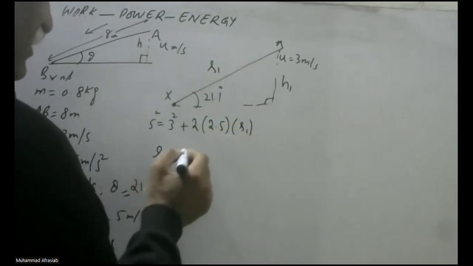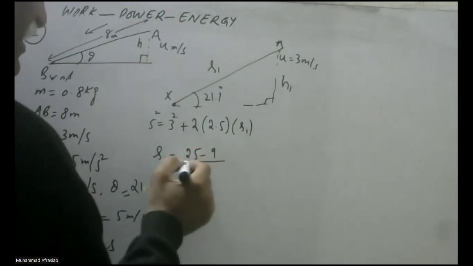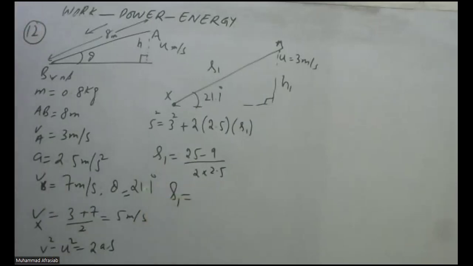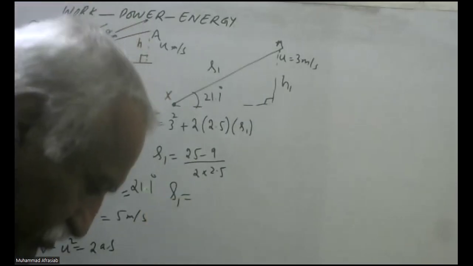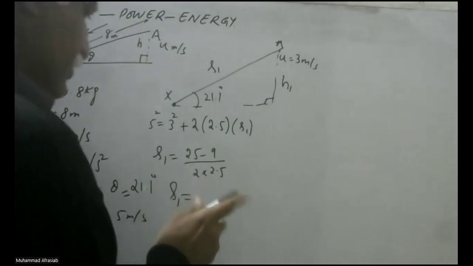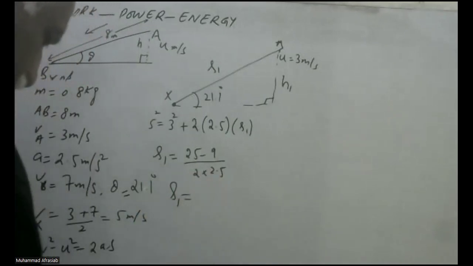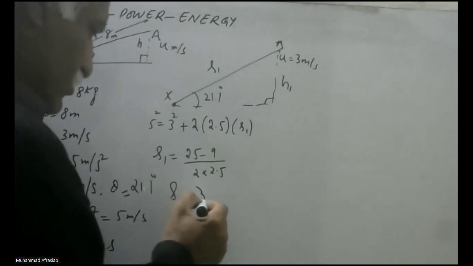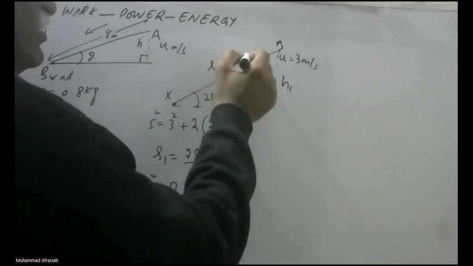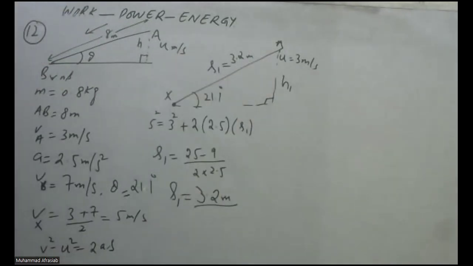So S1 is equal to 25 minus 9 over 2 into 2.5, and S1 is equal to 3.2 meters.